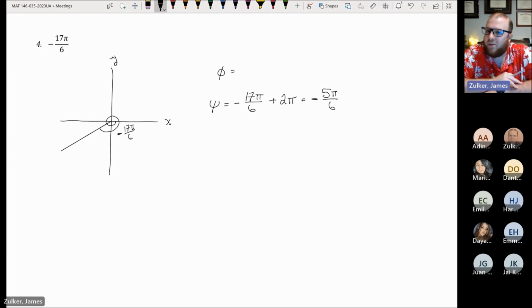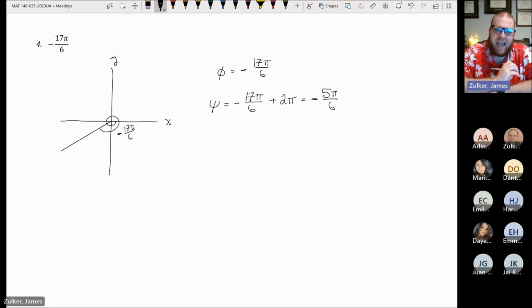There's a negative coterminal. How did you get 7 pi over 6? Maybe that's true, but how do you get it algebraically?